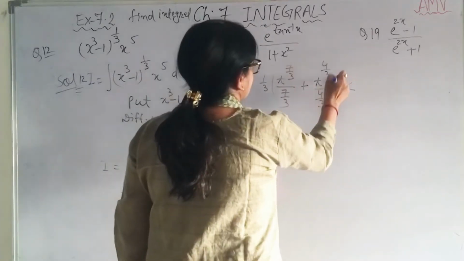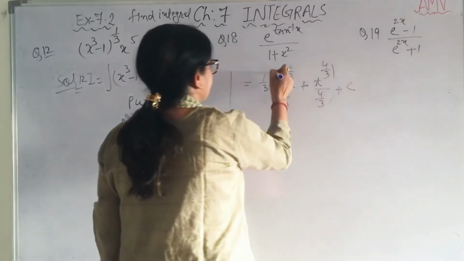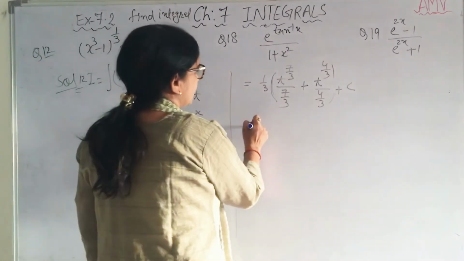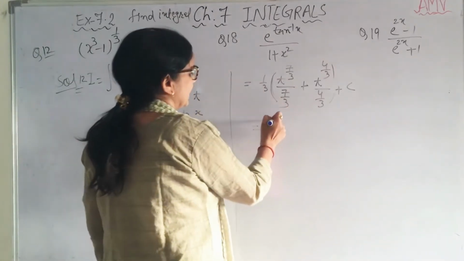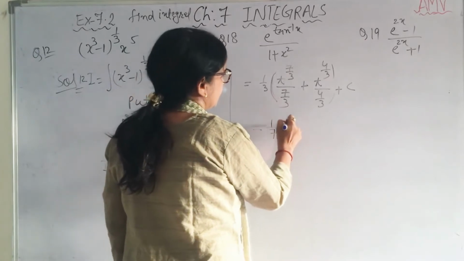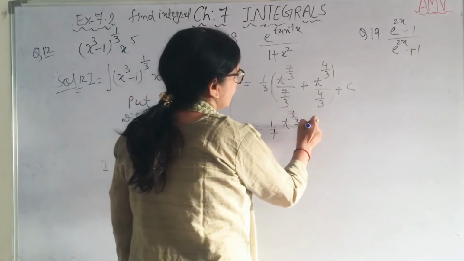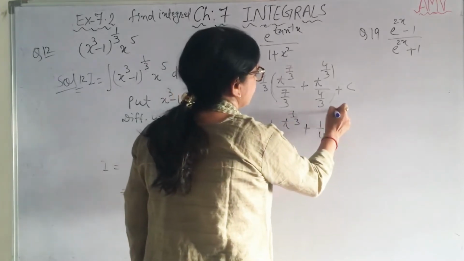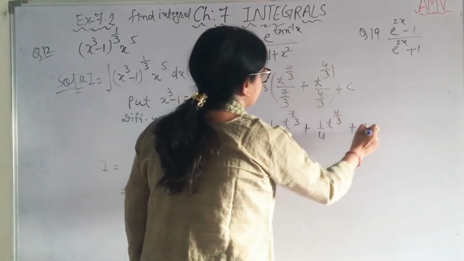Here it is a bracket, student, since 1 by 3 is outside. Now simplify, you will get 1 by 7 t raised to 7 by 3 plus 1 by 4, 3 will cancel, t raised to 4 by 3 plus c.